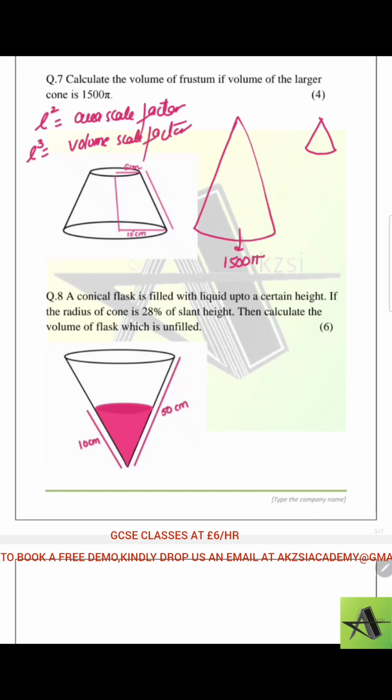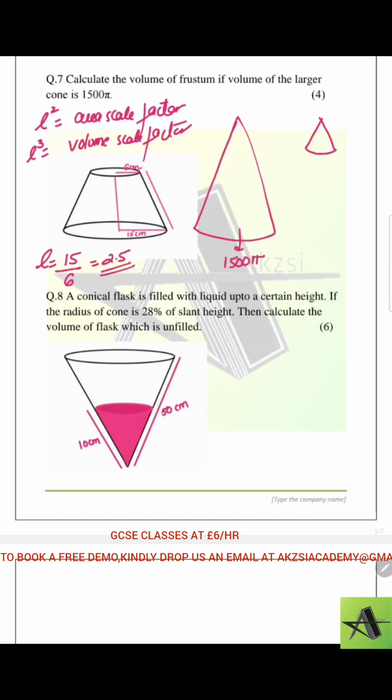So for that, they have given the corresponding radius so that we can calculate the volume scale factor. When you divide the corresponding sides, you will get the length scale factor. So length scale factor is radius of the bigger cone over radius of smaller cone, which is 2.5.